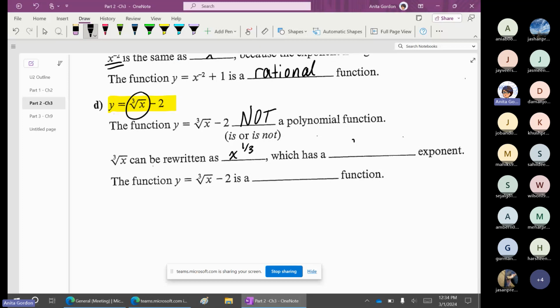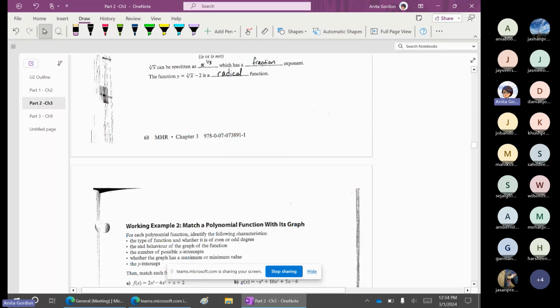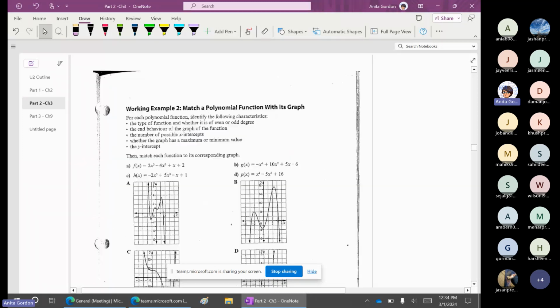When we have fractions in the exponents, we end up with a radical function, which is what we did in our last section. Okay, so we're looking for whole numbers and exponents. We want to make sure we're writing them in the correct order.